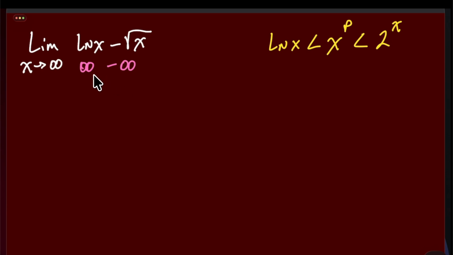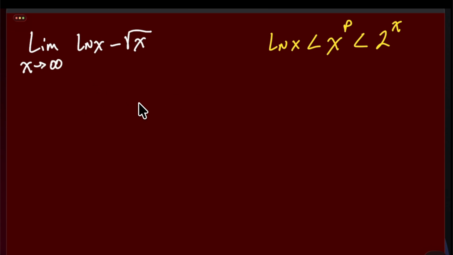The intuition here would be that ln of x is going to be smaller than x to the 1/2, as you could see from our list here, which means we're going to have a small minus big situation. So envision a small number like 3 minus a bigger number, a huge number, and you're going to go towards negative infinity.